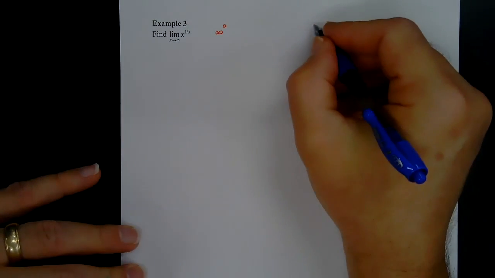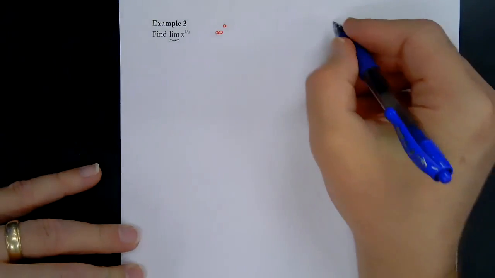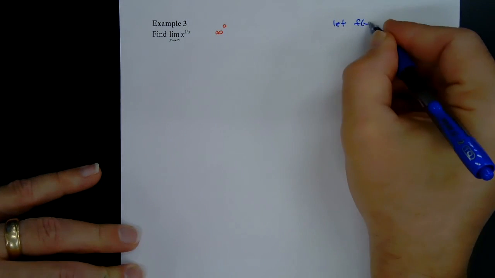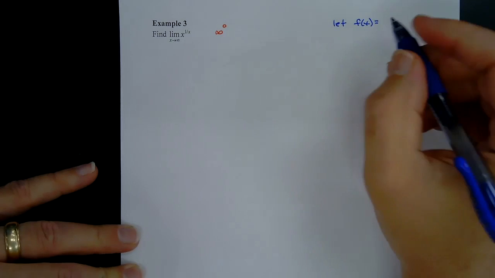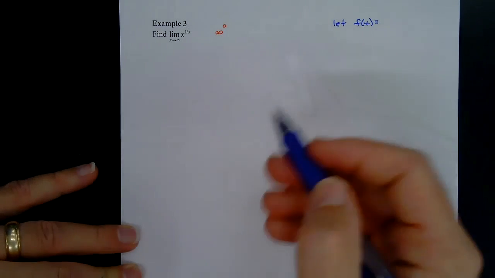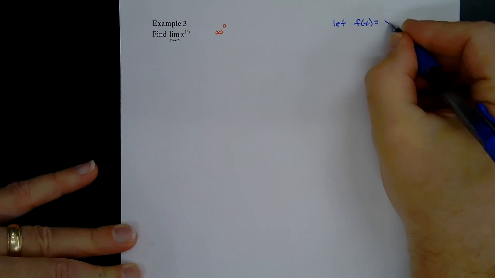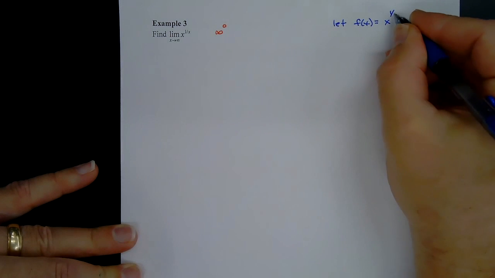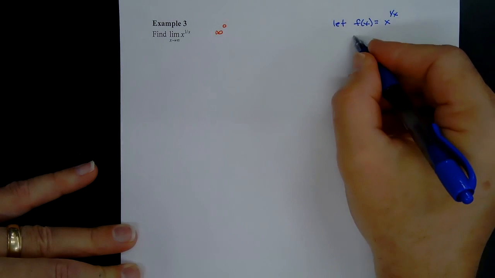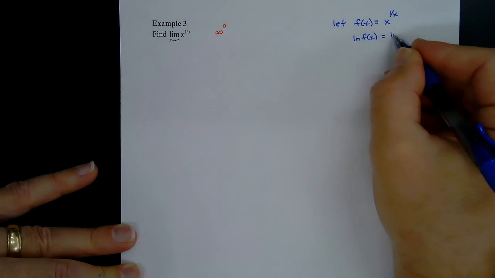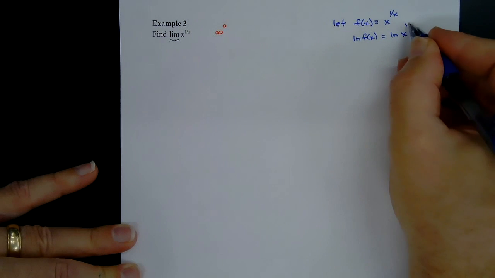So what we're going to do is let f of x be this function that we're trying to find the limit of. So let f of x equal x raised to the 1 over x power, because that's going to allow me to replace that with f of x and then e to the ln of that. If I take ln of f of x, that'd be ln of x raised to the 1 over x power. This can come down.